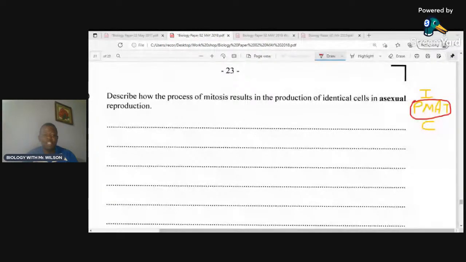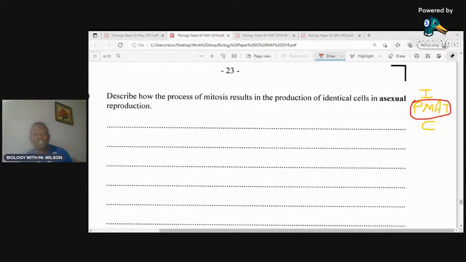In former years, CXC would have just asked you to name phase 1, phase 2, phase 3 or stages. But I really think that it's more important for you to understand the names of the phases and what happens in each phase. Now, when I teach mitosis, the first thing I tell my students is to identify the parts that you really don't have to study.